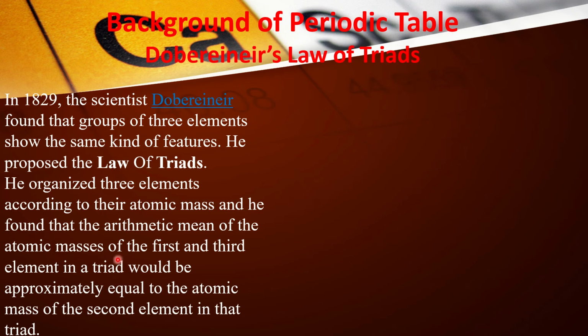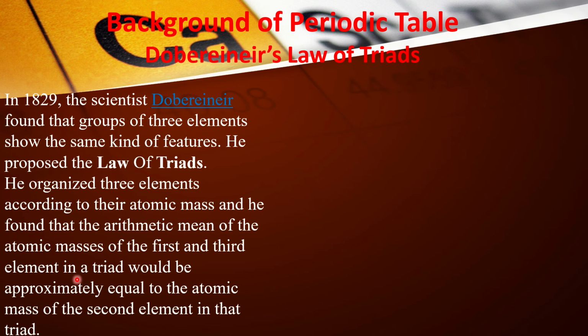What he found? He found that the mean of the atomic masses of the first and third element in a triad, that means he made a group of three elements, and he found that the mean of atomic mass, the average mass of the first and third element in that triad is approximately equal to the atomic mass of the second element of that triad.